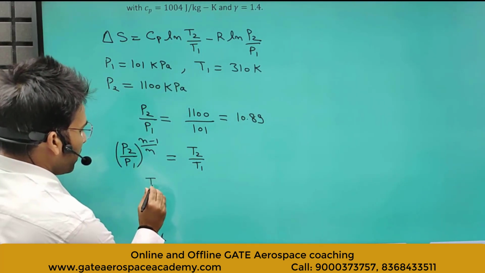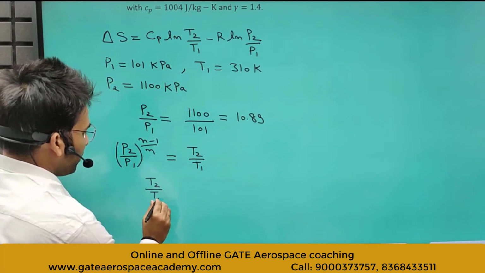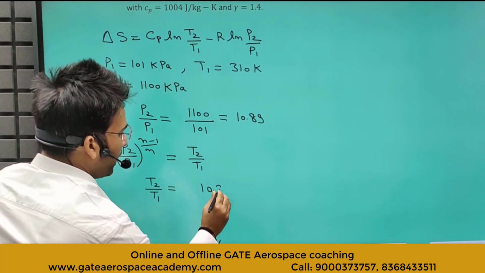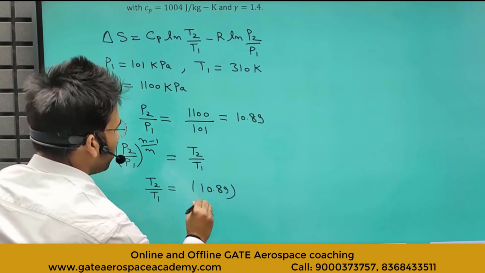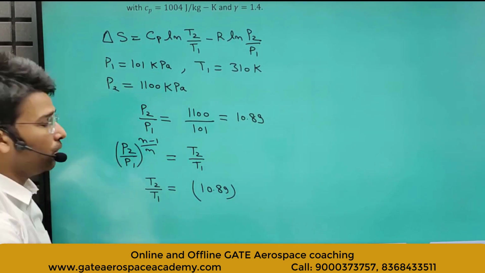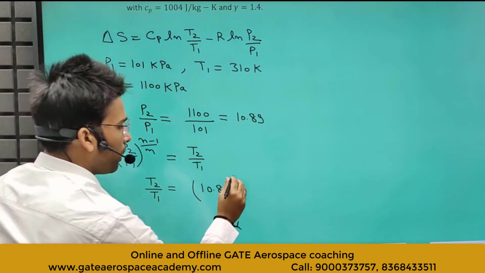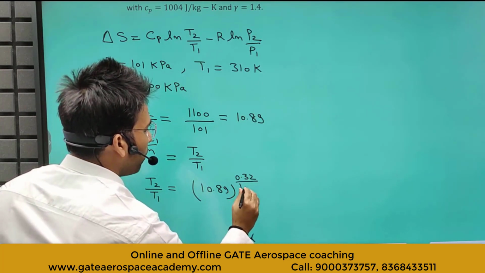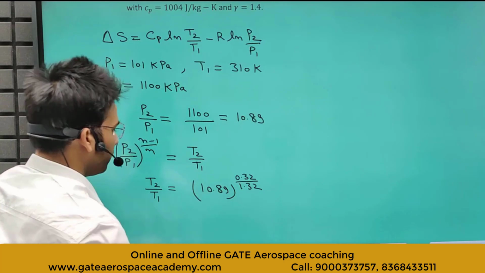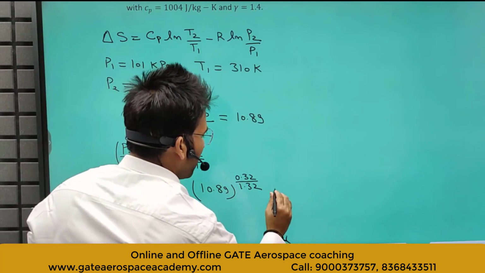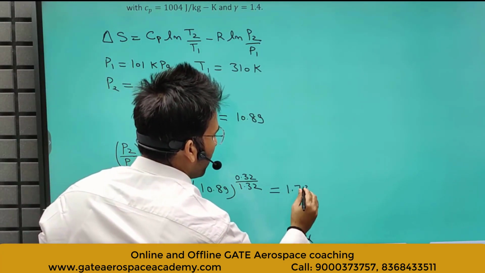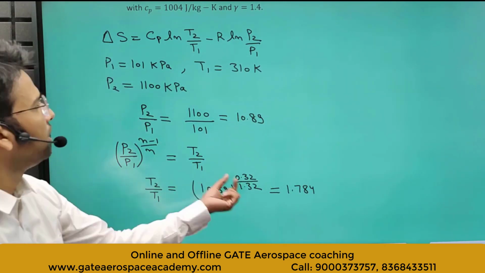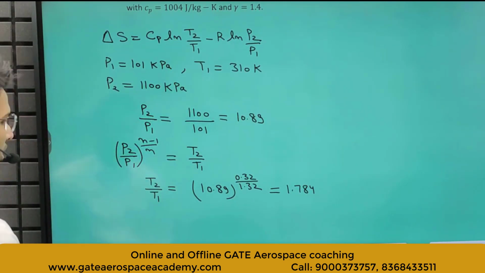So T2 by T1 is equal to 10.89 power raised to, n is 1.32, 1.32 minus 1, 0.32, divided by 1.32, correct? So this will be 1.784.